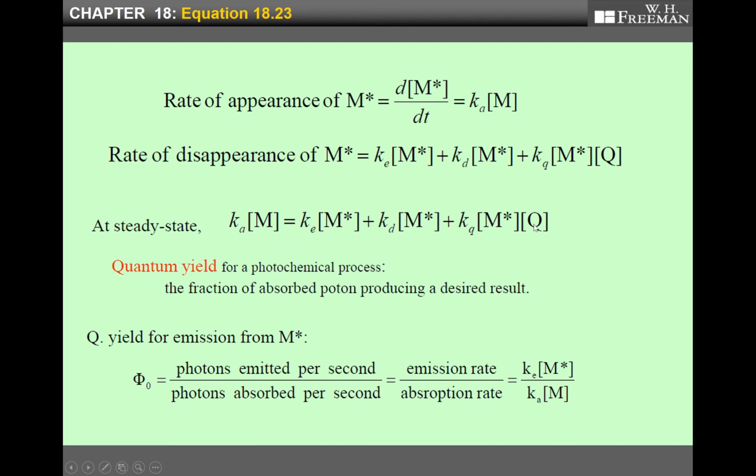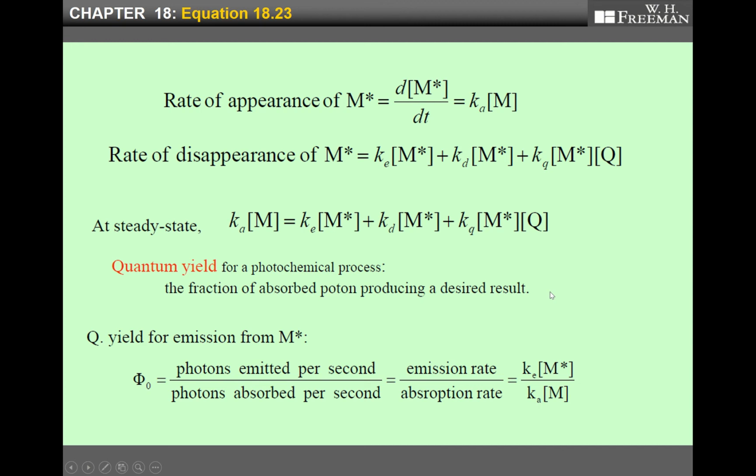This is simple mathematics. Here, the quantum yield, which we often meet in chemistry that deals with light. Quantum yield for a photochemical process is the fraction of absorbed photons producing a desired result.